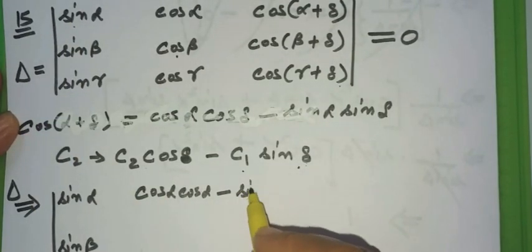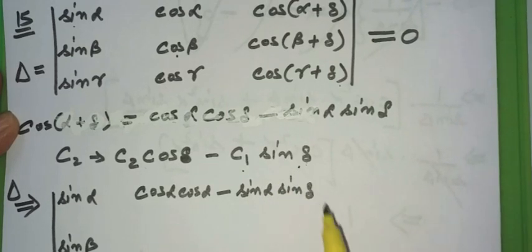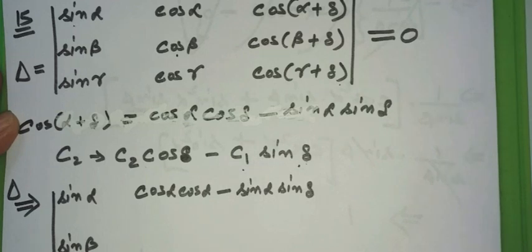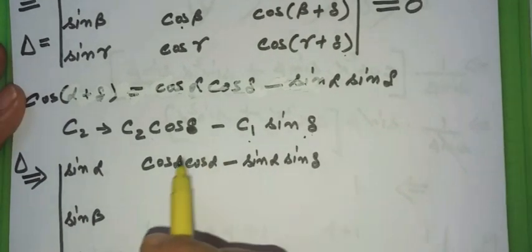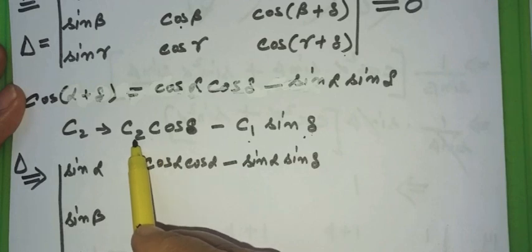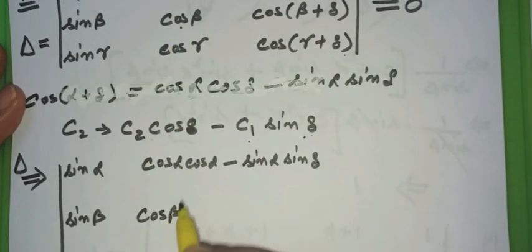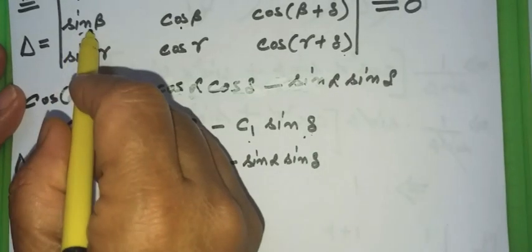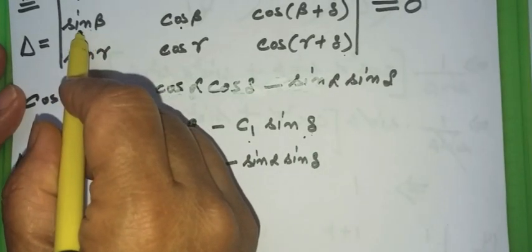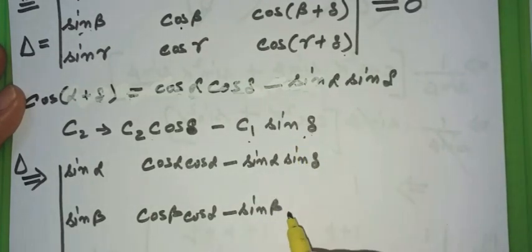So minus sin alpha into sin delta. Similarly I write the second element. For the second element of column 2, which is cos beta, into cos delta, minus C1, meaning the second element of column 1, which is sin beta, into sin delta.